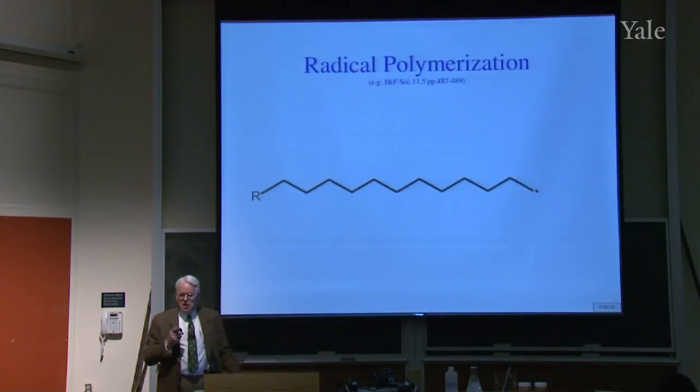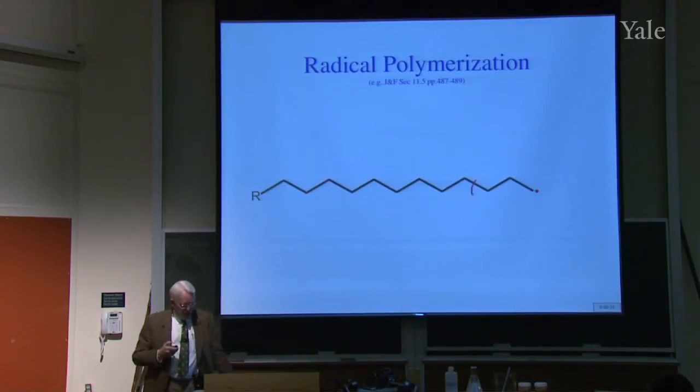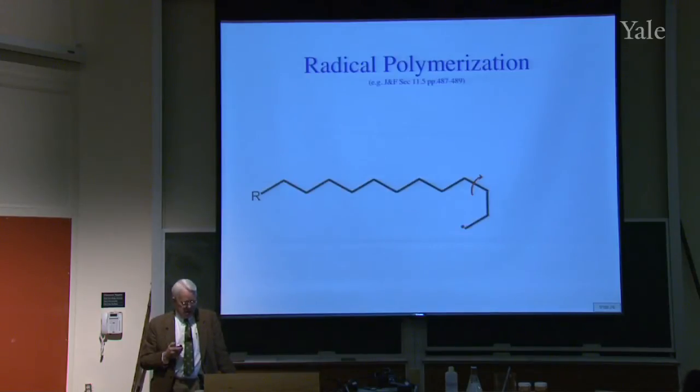But the difference is that in this case, you can get rotation around this bond to get that form. And when you do, that radical is close to this hydrogen. And you can go from a primary radical to a secondary radical. That's downhill. And now you can add an alkene to that.